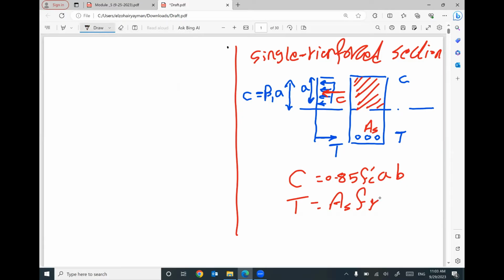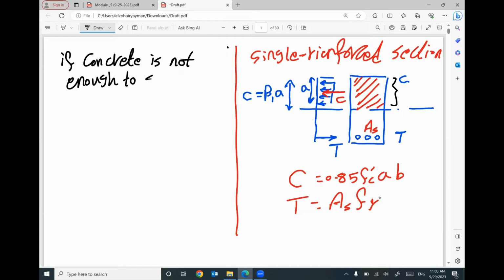If this concrete is not enough to support compression, for many reasons.